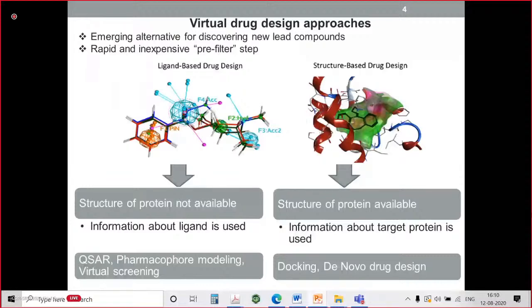Fragment-based drug design was initially used on the basis of experimental processes like NMR, XRD, and ITC, or similar kinds of experimental approaches. Now, of course, we are looking for an alternative to the experimental approaches, that is, computer-based drug design approaches.